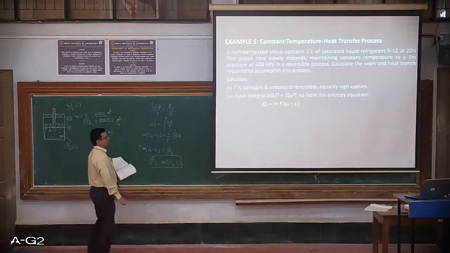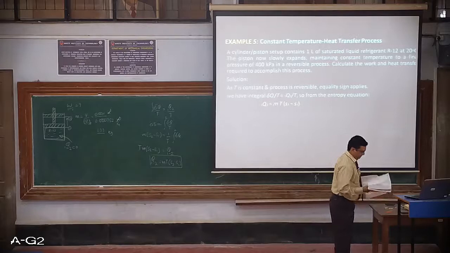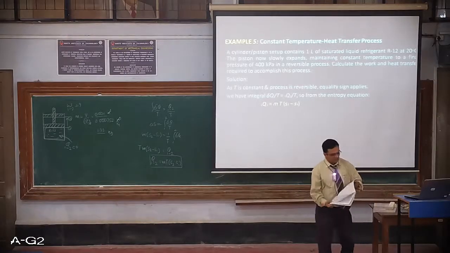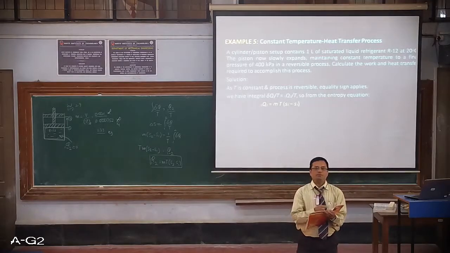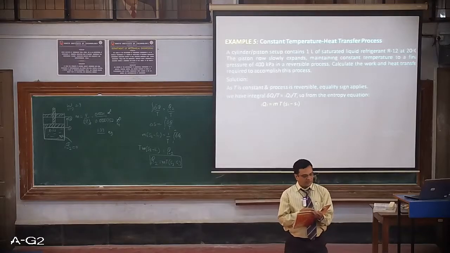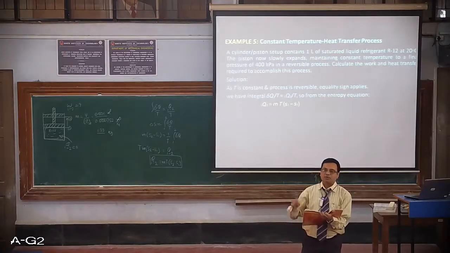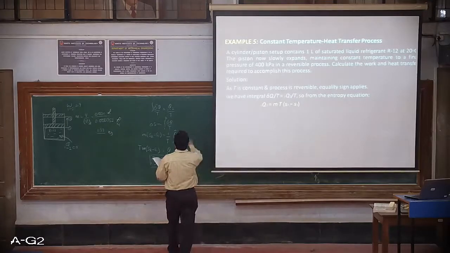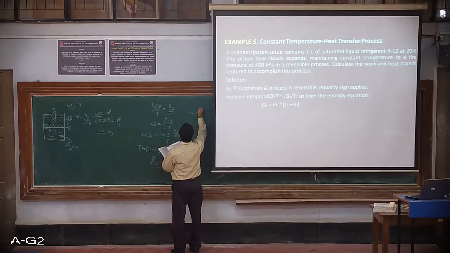Now in the property tables, you can observe some misprint, especially in the specific volume column, the third column. Though the values are given as 0.63 or in digit form, on the top it is mentioned as Vf into 10 to the power 3.